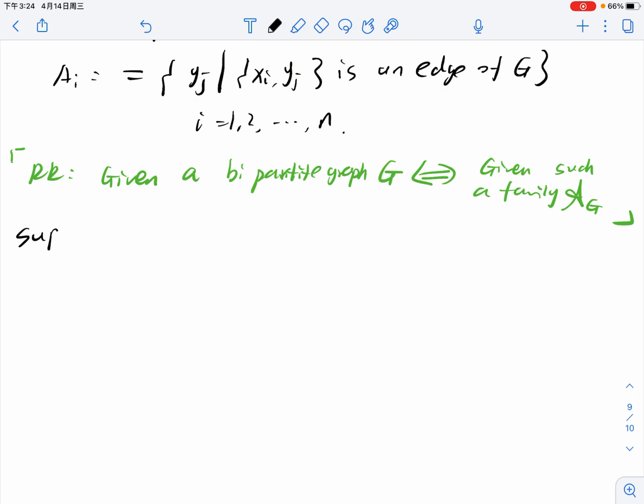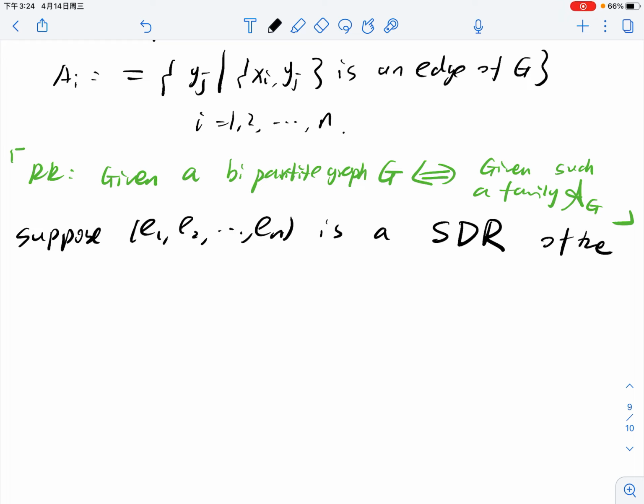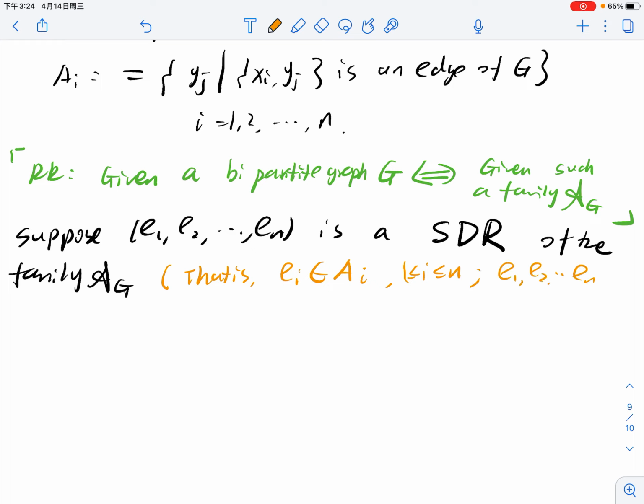Okay, and now suppose E1, E2, ..., En is a system of distinct representatives of the family A(G). So what does this mean? This means that Ei is in Ai for all i from 1 to n, and E1, E2, ..., En are distinct.